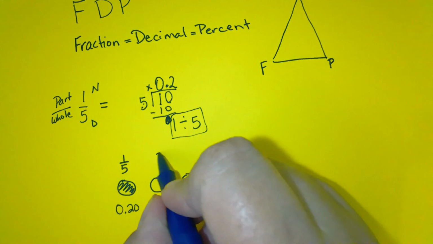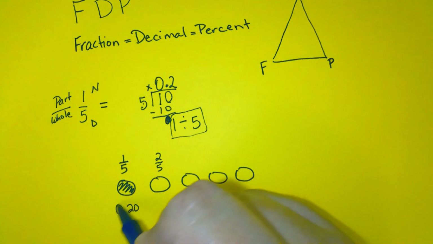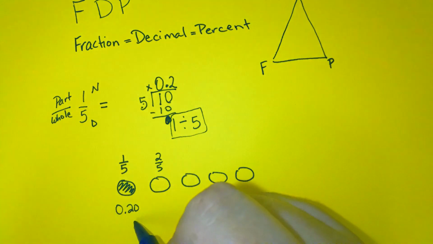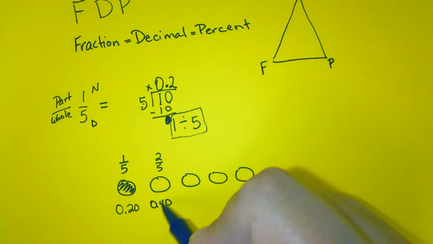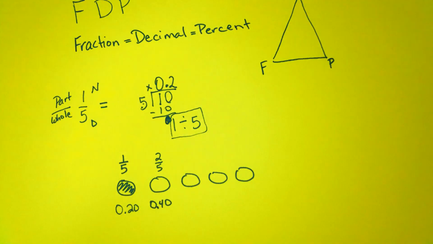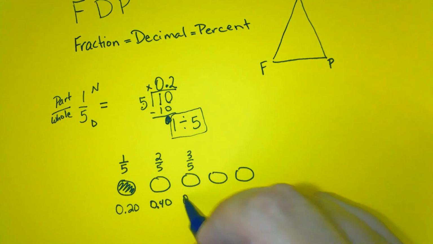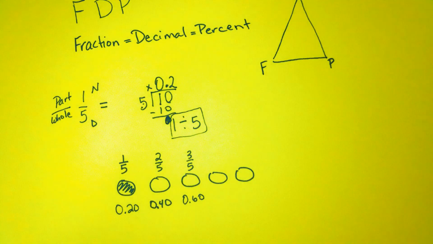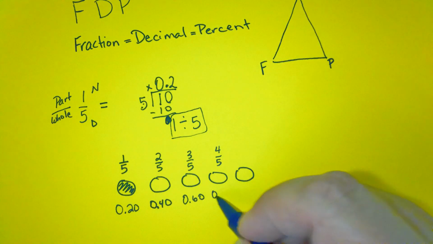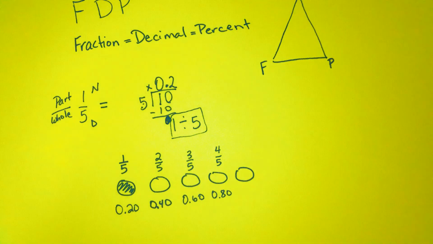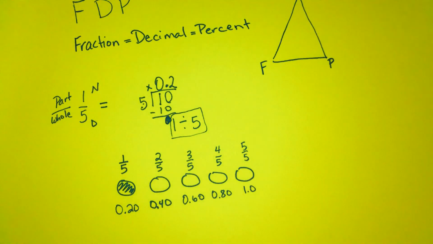So if we have 2/5, then we take 0.20, and now we will go to 0.40. If we have 3/5, it would be 0.60. 4/5, 0.80, and 5/5 equals 1.0.